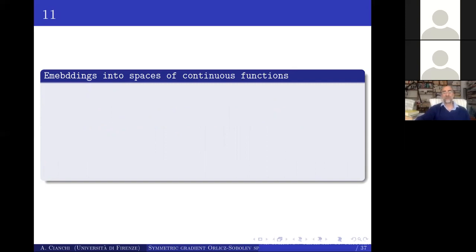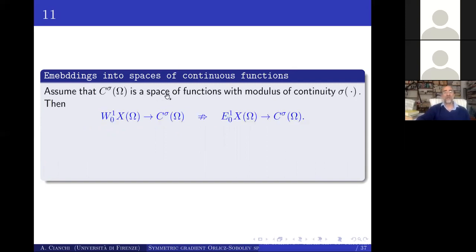Situation is different if we are in the supercritical case, namely when we deal with embeddings into spaces of continuous functions, because here, by C sigma, I denote the space of uniformly continuous functions with the modulus of continuity sigma. Sigma is a function now.